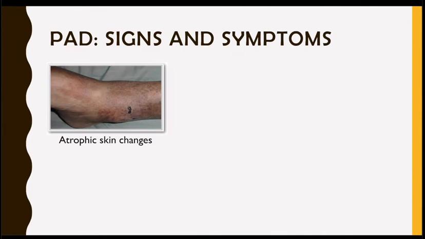More signs and symptoms that you are having atherosclerosis in your peripheral arteries. The first is atrophic skin changes, and you can see a picture here. Atrophic skin is skin that becomes thin and mechanically weak. So you can see this individual has a scab where there was a break in the skin.